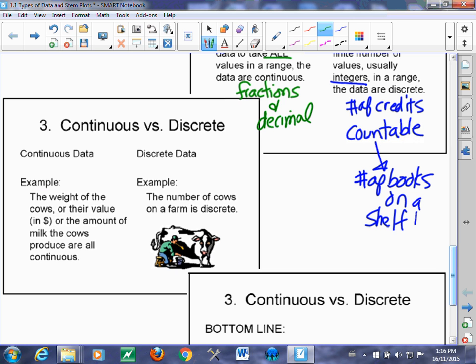For continuous, the weight of cows, their value in dollars, and the amount of milk the cows produce are all continuous. So lots of things in farming use continuous data, whereas discrete data for farming is the number of cows. And again, you can't have 12.2 cows. You have 12 or 13.